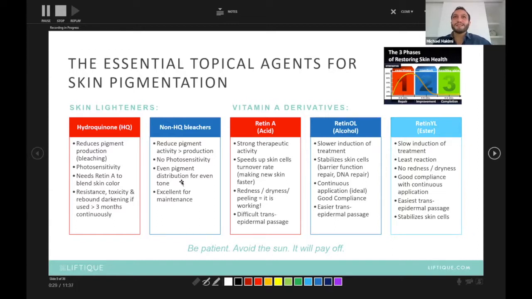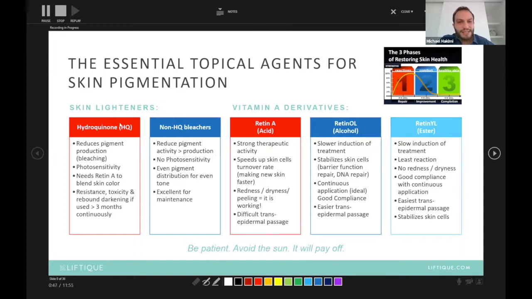Or if you have sunspots from inevitable sun exposure, they make them lighter. And the retinoid products, they make your stem cells make new skin cells, so you have a higher turnover time and you get more new skin faster.